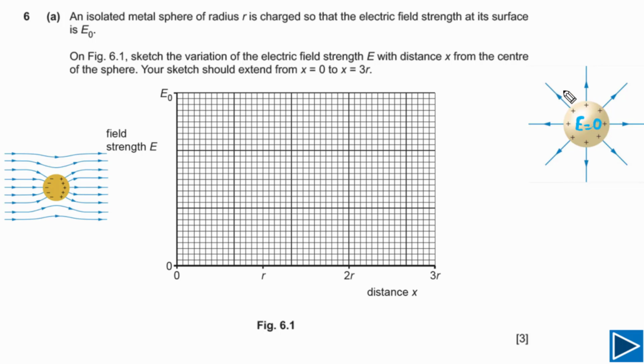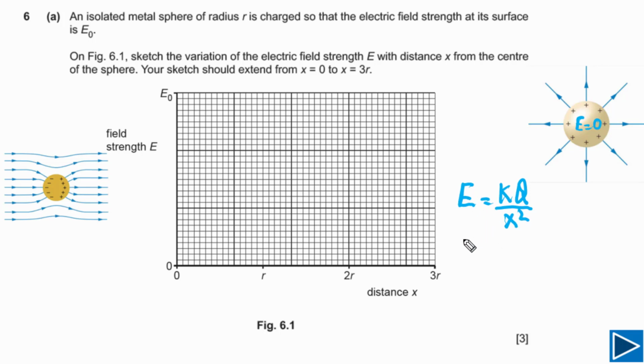First of all, let's look at the electric field outside of the metal sphere. Electric field outside of the metal sphere we can relate with distance from the center of the metal sphere by this simple relationship: E is equal to kq over x squared, where x is the distance from the center of the metal sphere.